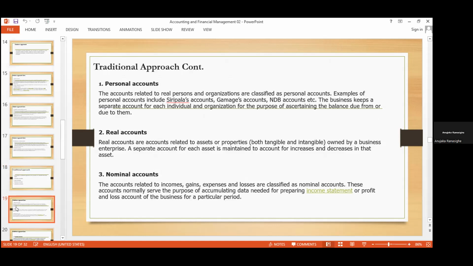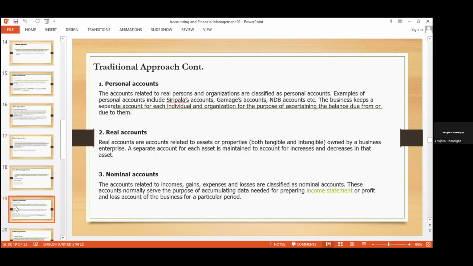Separate accounts are here in this system. They prepare person-wise separate accounts under the traditional approach. They call them personal accounts.